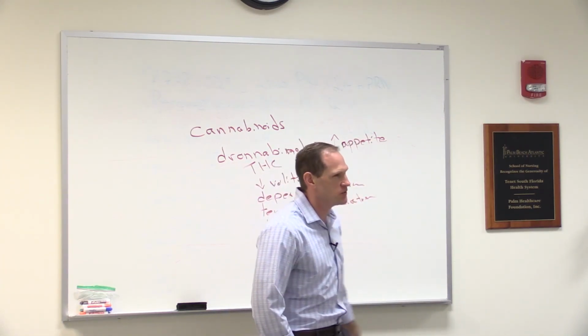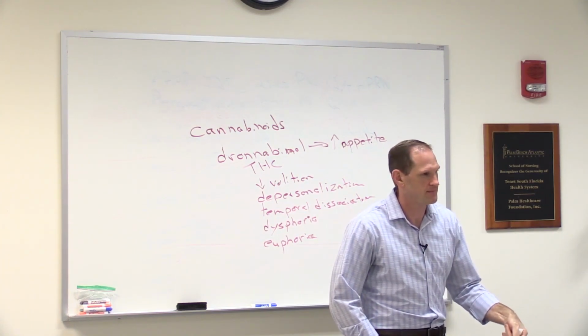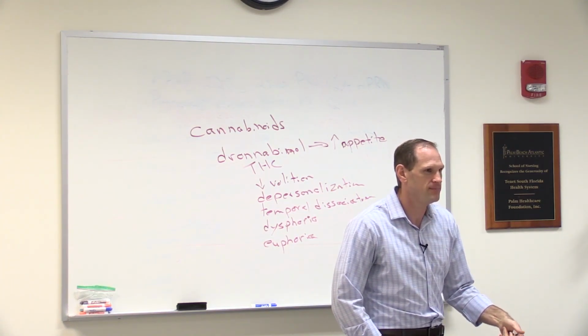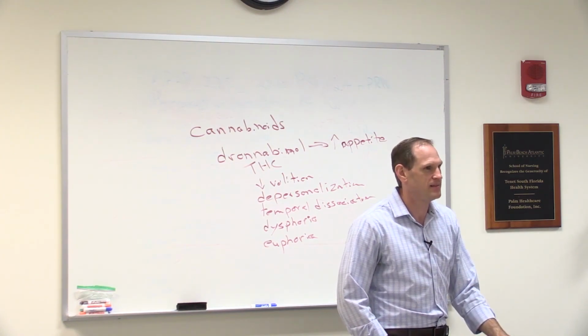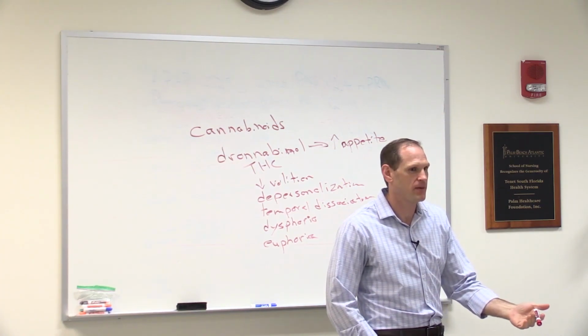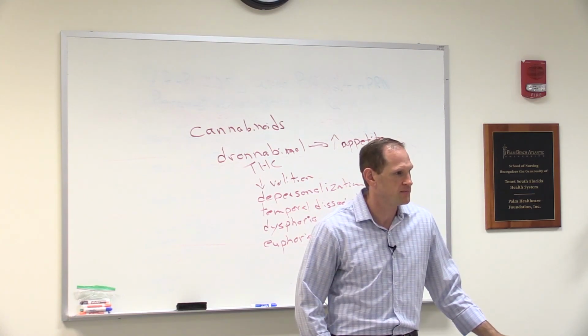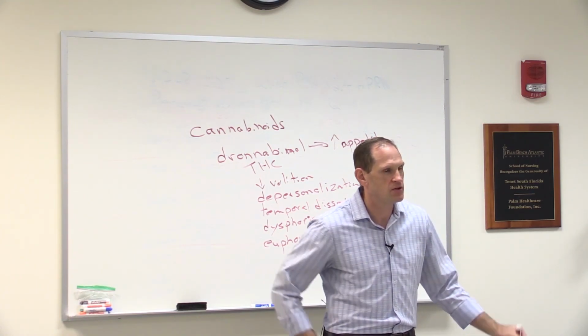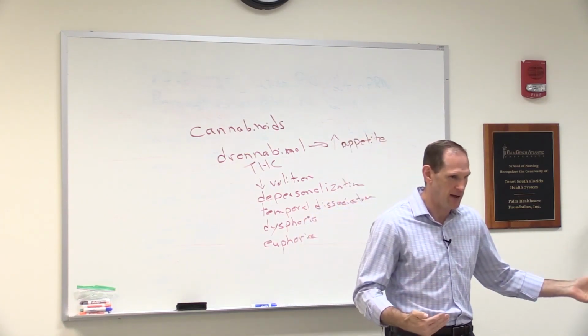Temporal dissociation. What does temporal mean? It's not of your temple. Temporal means time. So temporal dissociation. What does dissociate mean? To feel disconnected from. You feel disconnected from the passage of time.